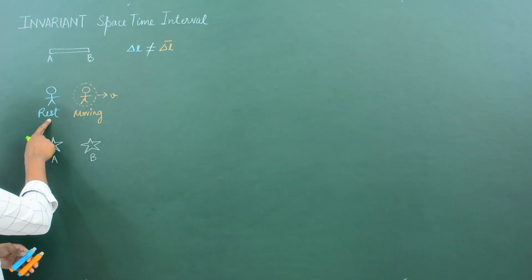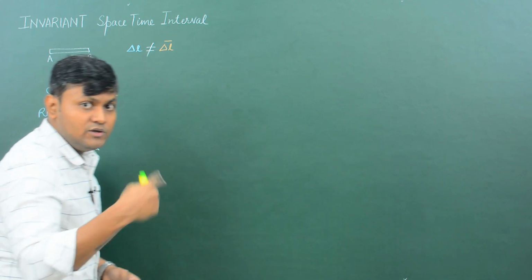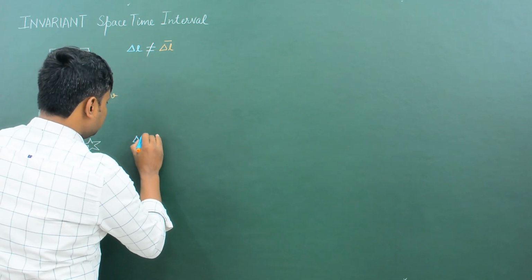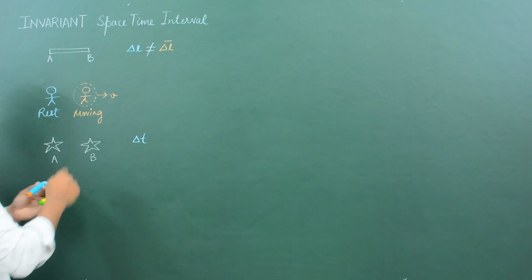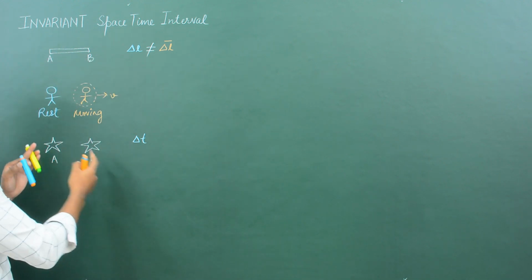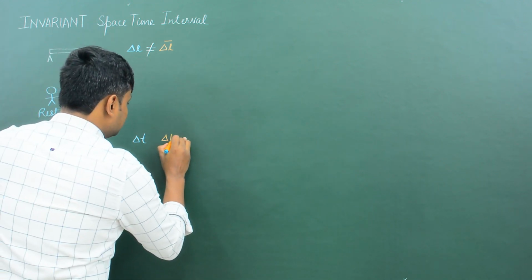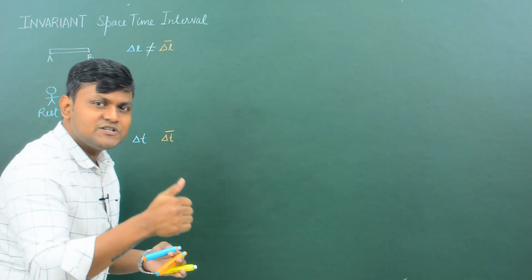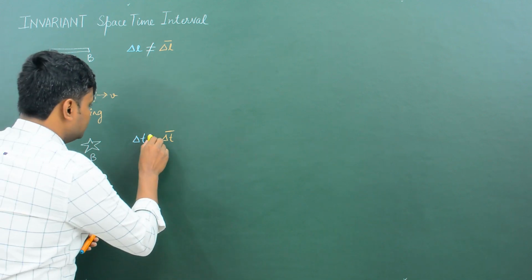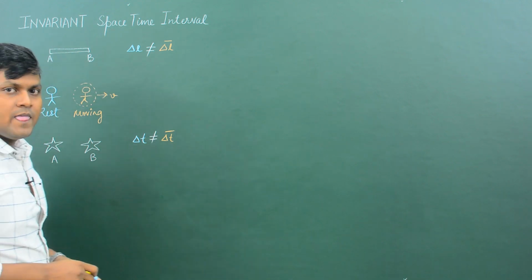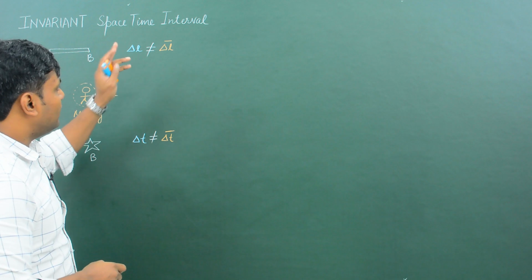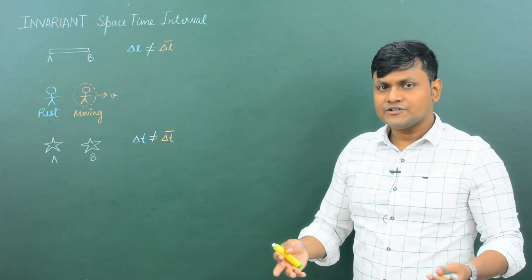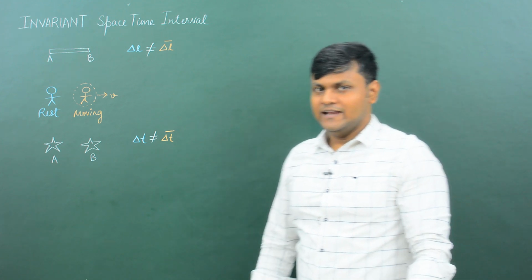According to the observer at rest, the time difference between these two events is del T, and according to the moving observer, the time difference between these two events is del T bar or del T dash. We know in special theory of relativity that these two quantities are not equal. The first is related by the Lorentz transformation, or the length contraction here. The second is the time dilation.